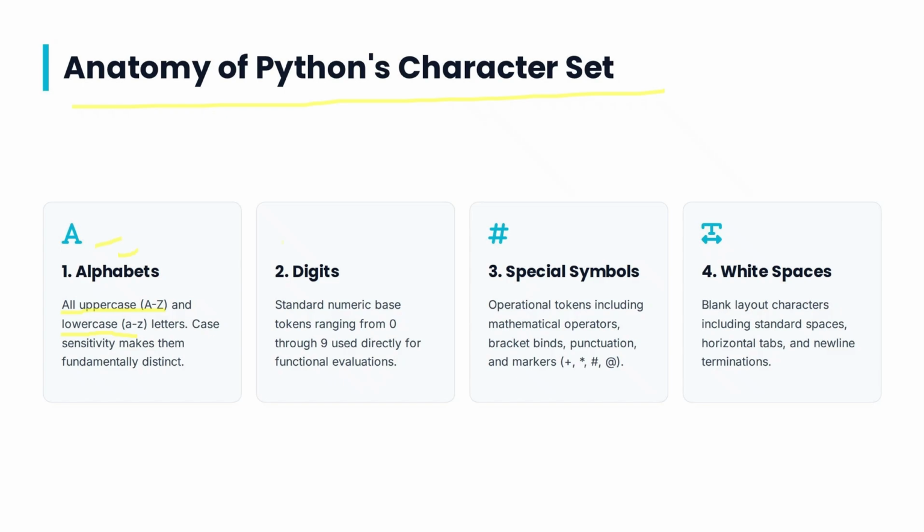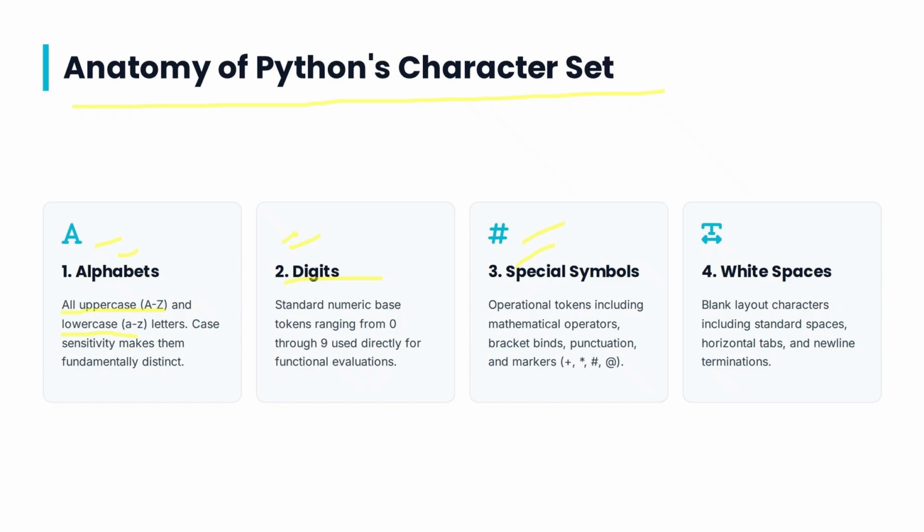Second comes the digit. Standard numeric base token ranging from 0 through 9, used directly for functional evaluations. So digits 0 to 9, combinations of them, infinite numbers we can make through it, all are approved in the character set. Third is the special symbols.